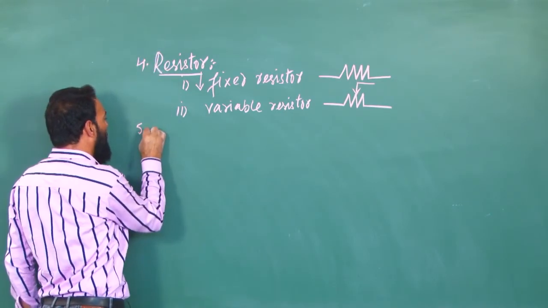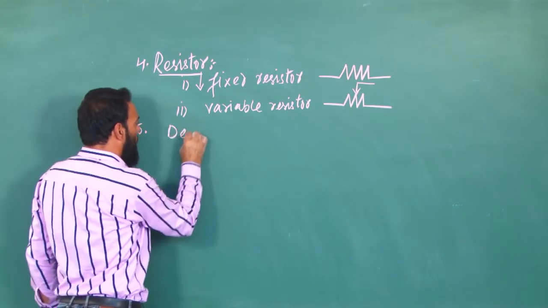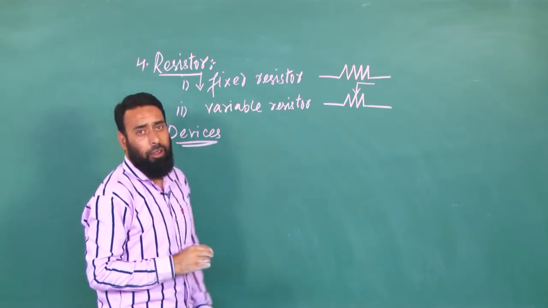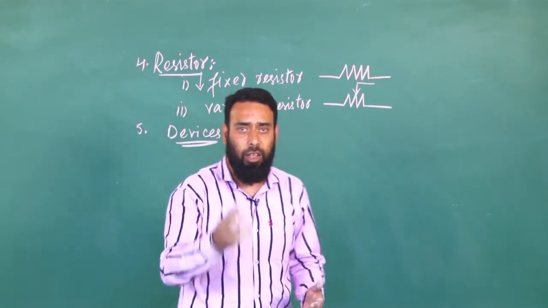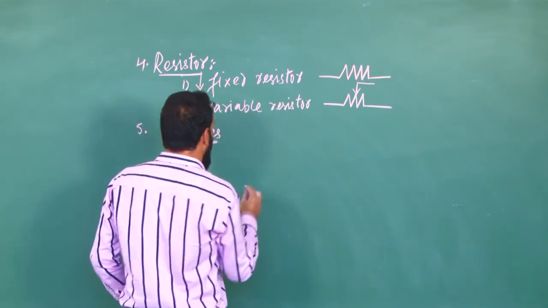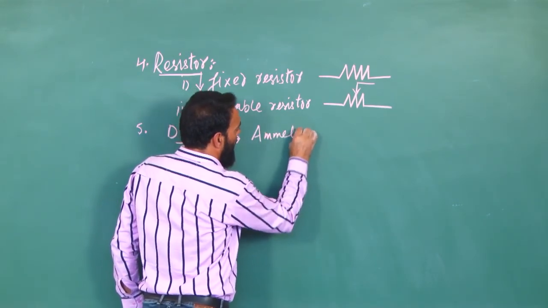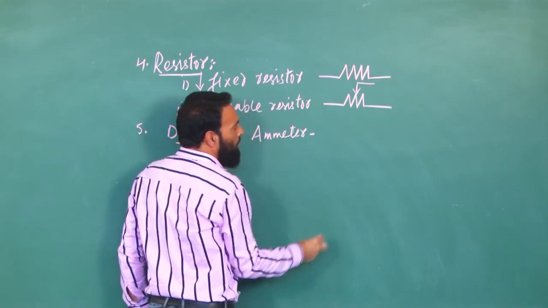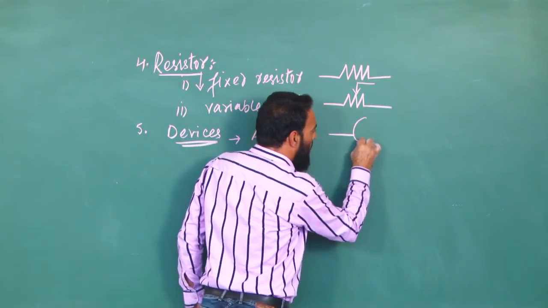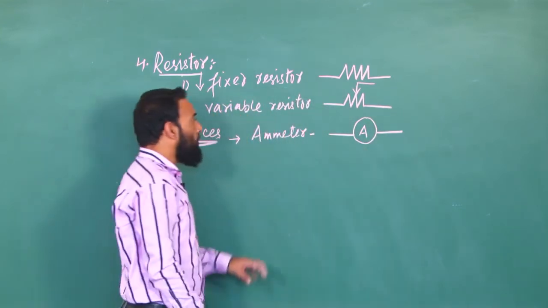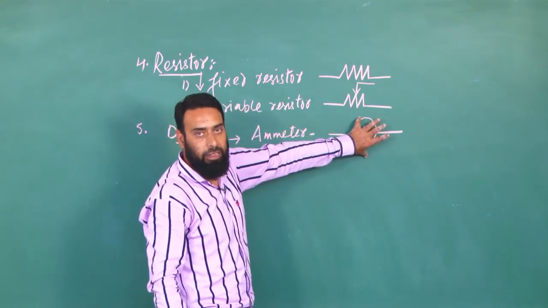Now this was probably the fourth component. The fifth component is the devices. We use various measuring devices in the circuit. One important device is called an ammeter. An ammeter can be represented like this. And an ammeter is a device which is used to measure the current in the circuit.